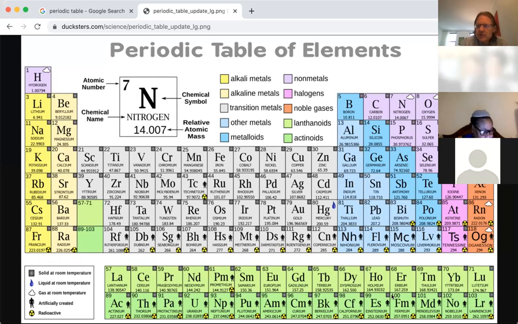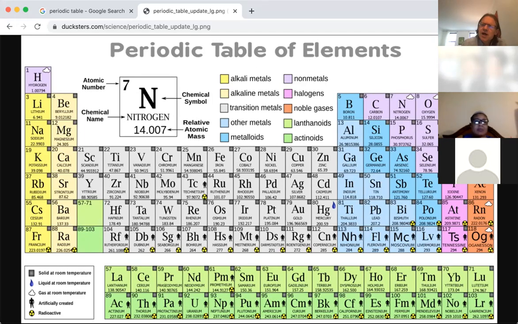So there's different pieces of information that we'll be interested in using in this course. For right now, there's only really two pieces of information that we need. And the first one is the symbol, right? So if we are looking, for example, for carbon, carbon is up at the top. It's in a lavender color on the right side of the periodic table there.